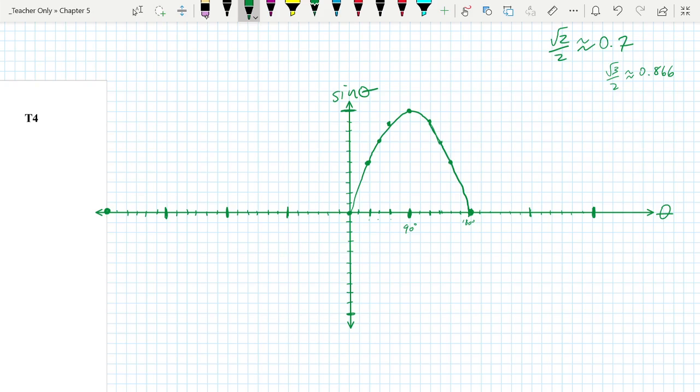What happens when I go 30 degrees past 180, 210? Well, then I get to 1/2, but it's negative. So 0.1, 2, 3, 4, 5. And then at the 45 family, I get to that 0.7. And then at the 60 degree family, I get to the 0.86 or 0.87, so I'm rounding that to 0.9.